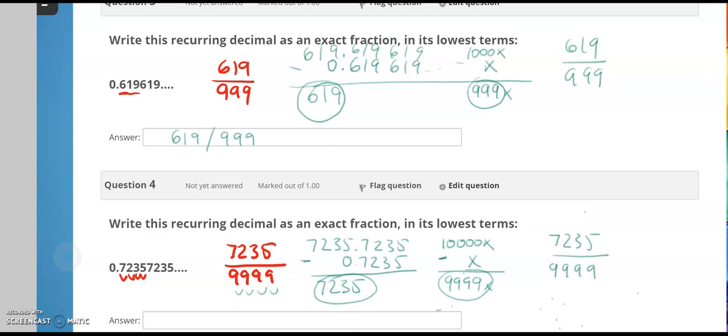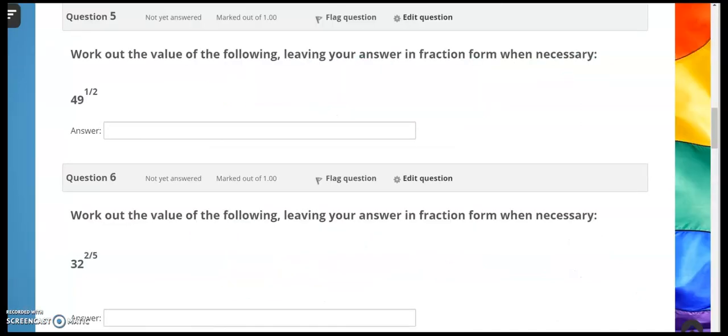Now looking at the numbers, we cannot simplify this, so we're going to write it as 7,235 out of 9,999.